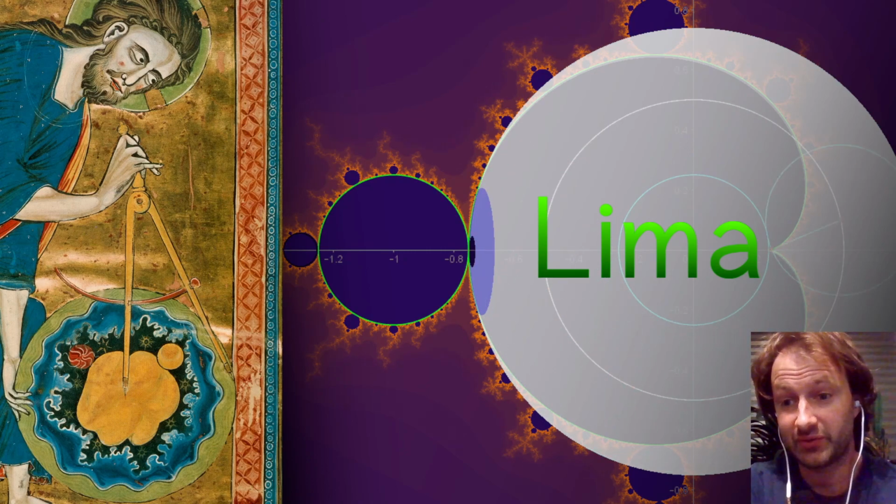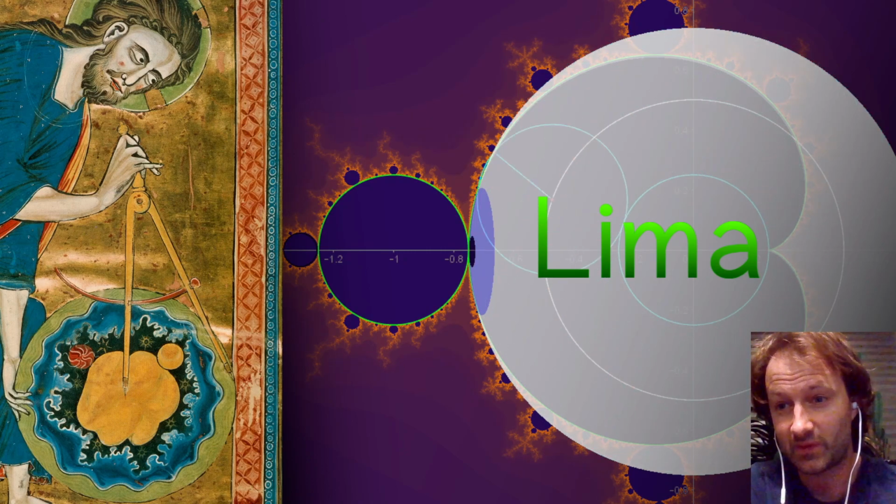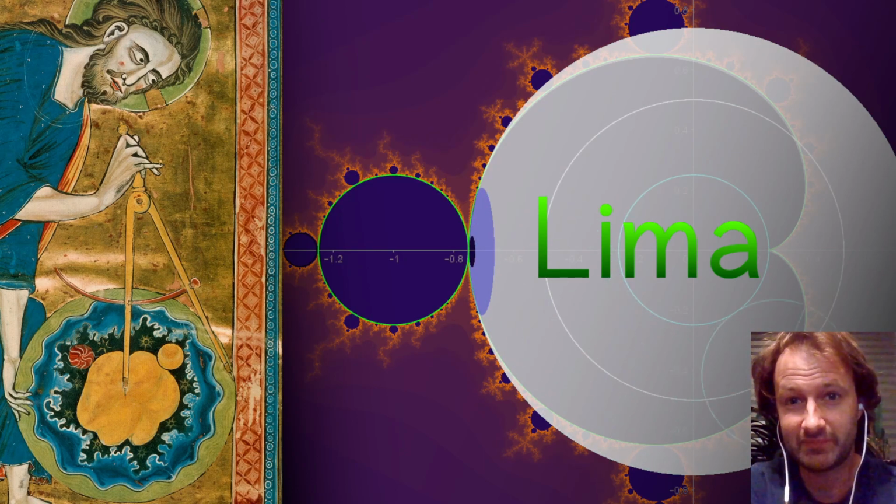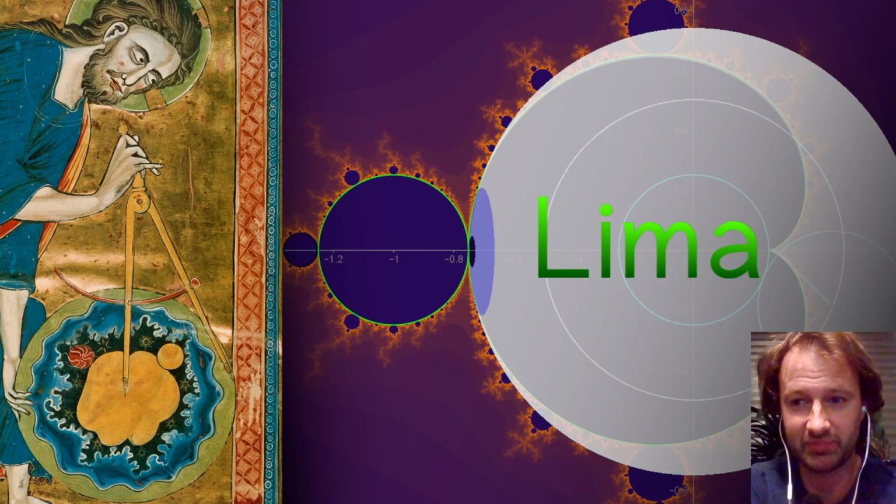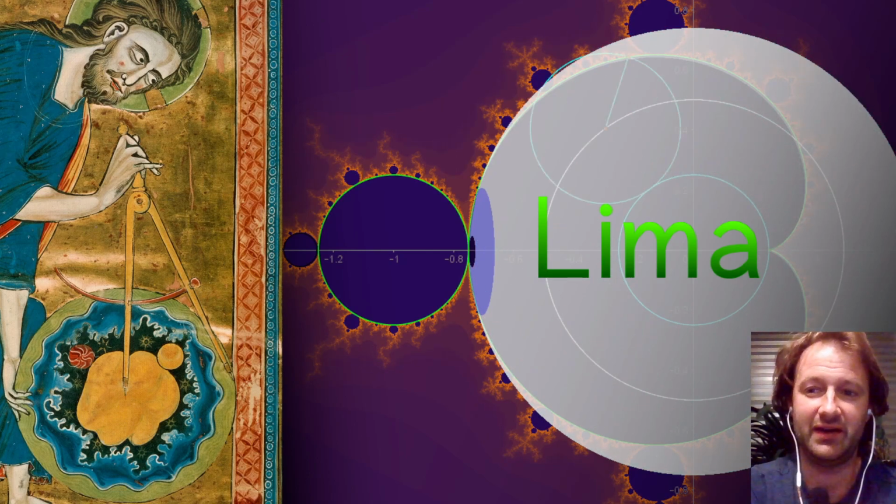I'm going to talk about the eye of Lime, and what I have realized is that the cardioid shape is inside the eyes.